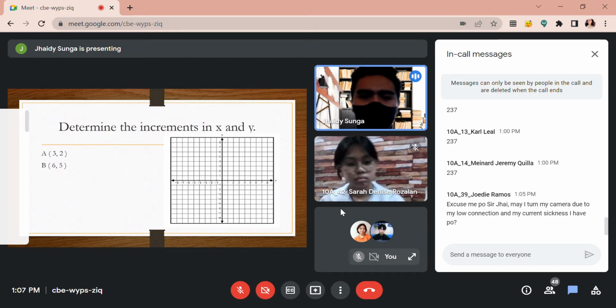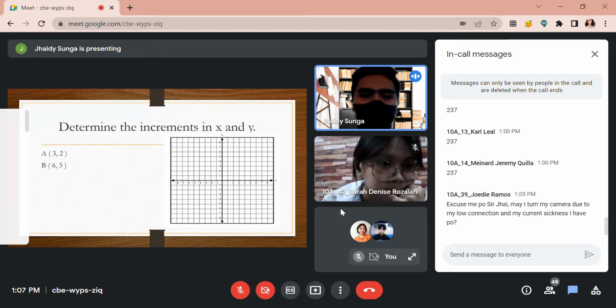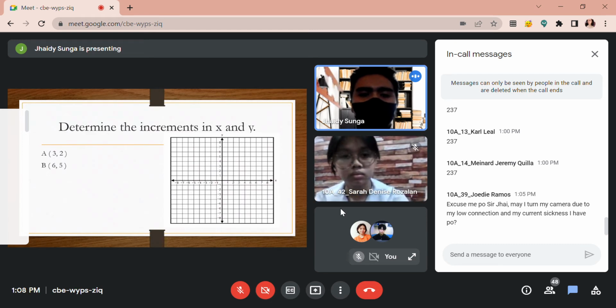So this is the first item. Alright, try to screenshot. Are you done? Try to have this value, so later on you will know how to answer this one.